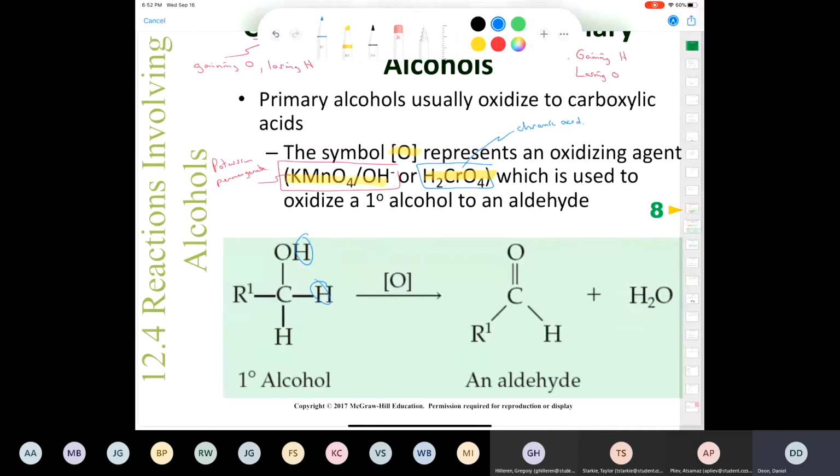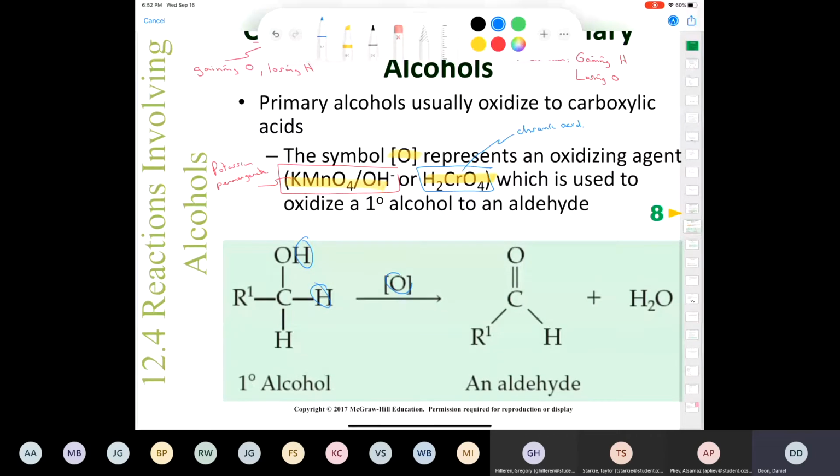So you lose these two hydrogens, you combine them with an oxygen from the oxidizing agent, and what does that give you? It gives you H2O. So you're going to form water. What else? Well, now what you've got left over is your R group, your carbon, a hydrogen, and one oxygen. Carbon always has 4 bonds, and so you have to make a double bond between the carbon and the oxygen like that, which would produce an aldehyde.